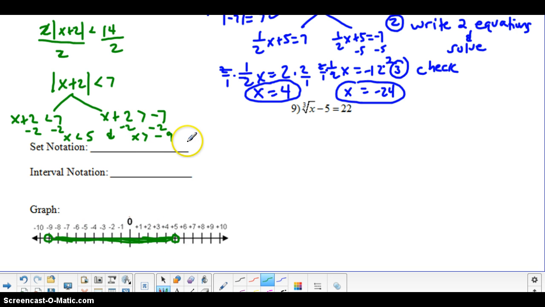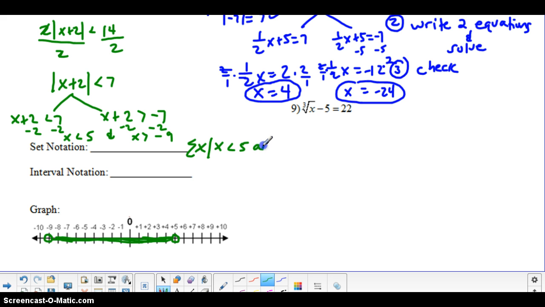Our set notation, when it's an and, we can combine it. If this was an or, if we had the opposite situation where our arrows were going the other way, then we couldn't combine in set notation, but it is an and. So there are 2 ways you can do that. You can not combine it, where the set notation has the variable such that, and just write them both in there.